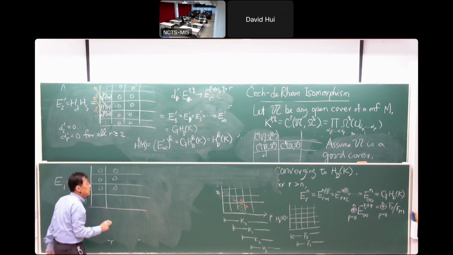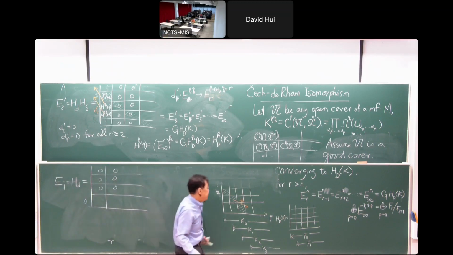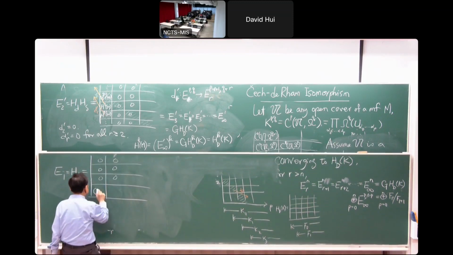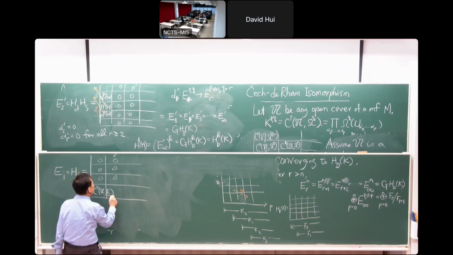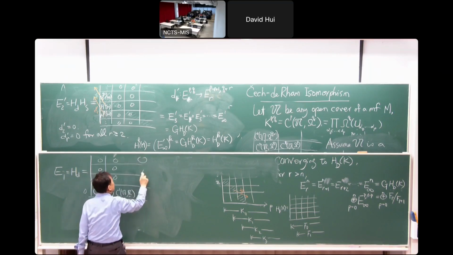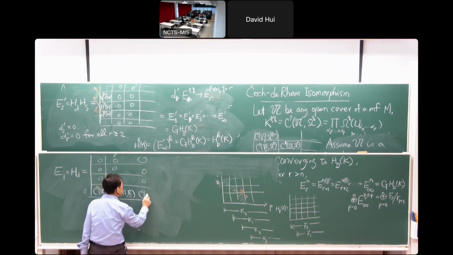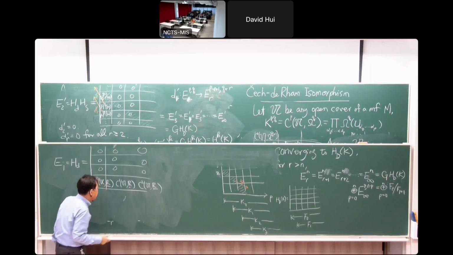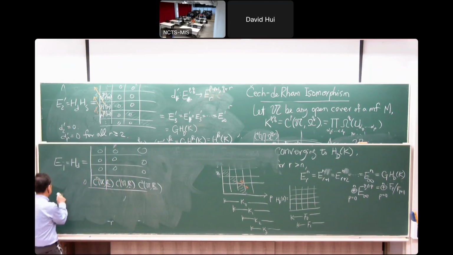And in degree 0, I will just have locally constant functions on each open set. So that would be C0 of U R, C1 of U R, C2 of U R. Okay, so that's HD, and that's precisely the Čech complex.